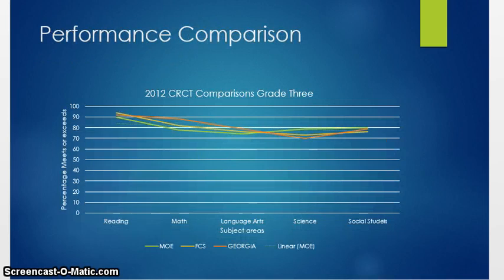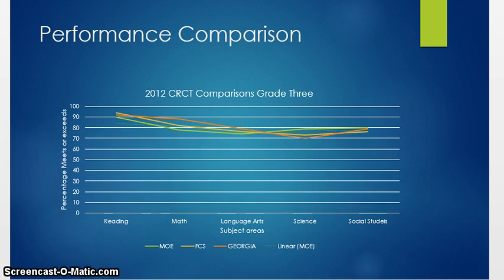Looking at the performance comparison of reading, math, language arts, science, and social studies for third grade in the 2012 CRCT, comparing the percentage of meets or exceeds for Manning Oaks, Fulton County, and Georgia, you'll see that reading started out equally with the state.